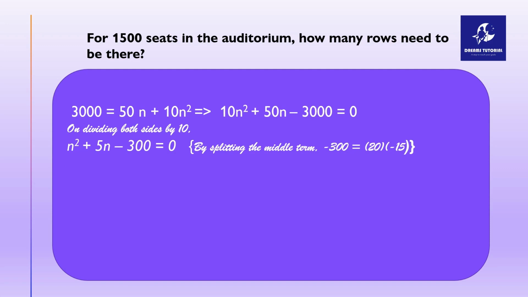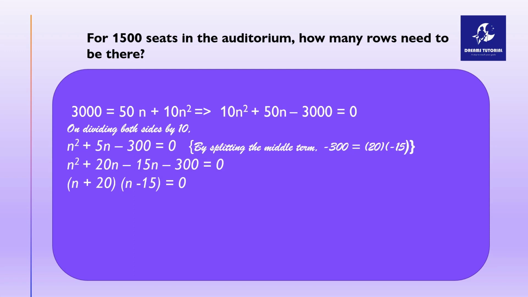Now we can use the splitting the middle term. So minus 300 is product of 20 and minus 15. Why did we choose 20 and minus 15? Because 20 plus minus 15 is 5, which is the coefficient of middle term. So on splitting, we get the factors as n plus 20 and n minus 15.